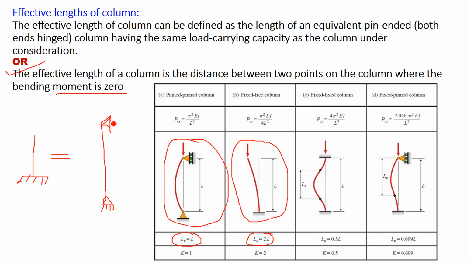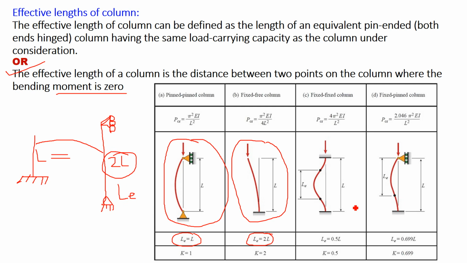If you replace this cantilever by a two end simple column, then the height of the column has to change, and that changed height will be 2L. So if it is L, this will be 2L. This length is called the effective length.